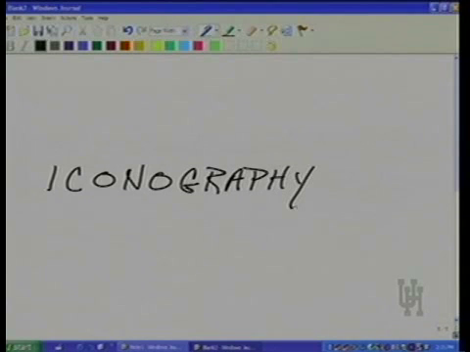Iconography, if you were to break that down, is a compound of two Greek words. The first one, you've heard the word icon. The first one is the Greek word for an image, especially a visual image. A visual image in religious art, frequently enough, of the Blessed Virgin Mary with the Christ child.